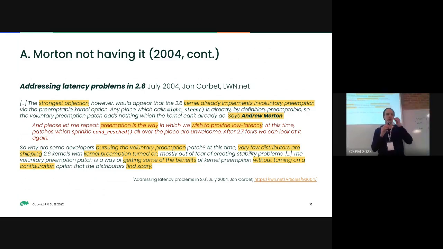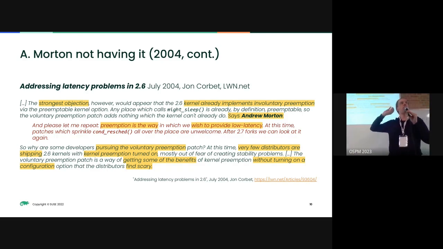So the voluntary preemption patch adds nothing which the kernel can't already do, says Andrew Morton. Please let me repeat: preemption, meaning full preemption, is the way in which we wish to provide low latency. At this time, patches which sprinkle cond_resched all over the place are unwelcome. After 2.7 forks, we can look at it again.